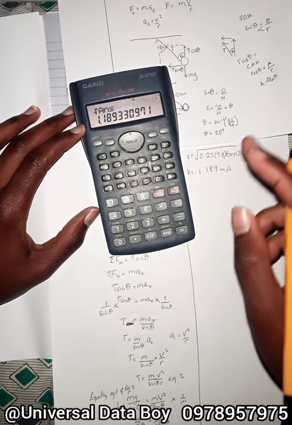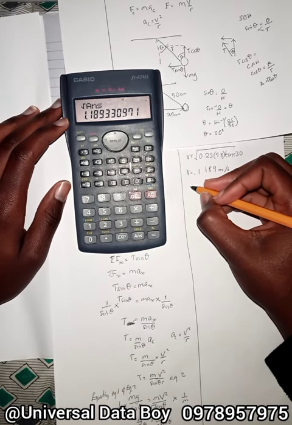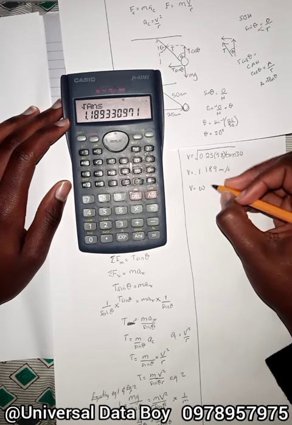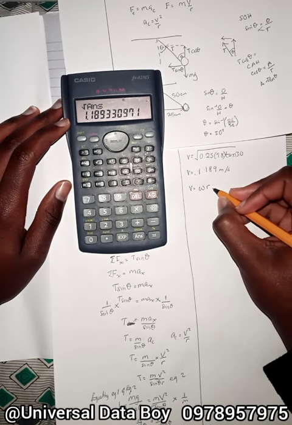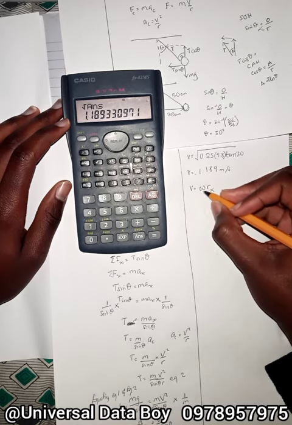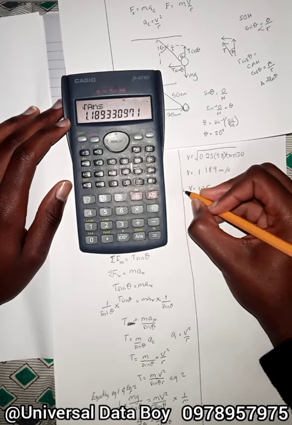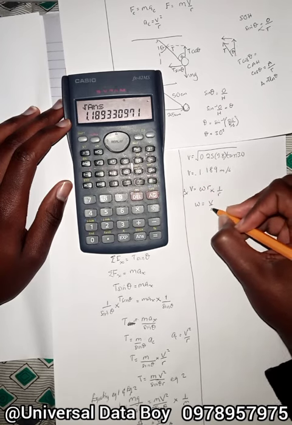Now our question tells us to find our angular speed. We have the speed, but we want the angular speed. This is actually easier because our velocity is equal to the angular speed times the radius. So when we make the angular speed the subject of the formula, we multiply both sides by 1 over r. So we have our angular speed equal to v over r.